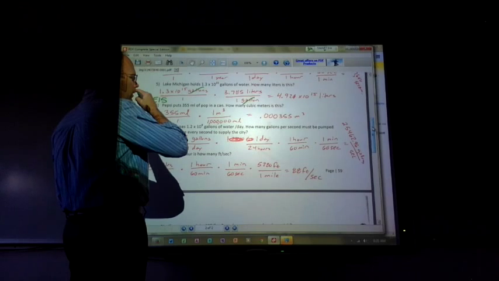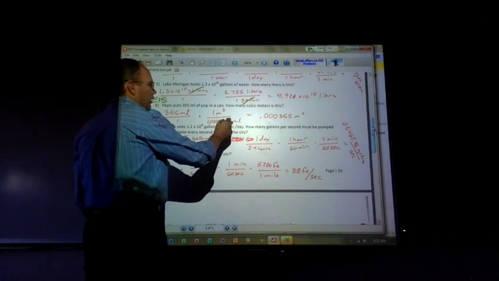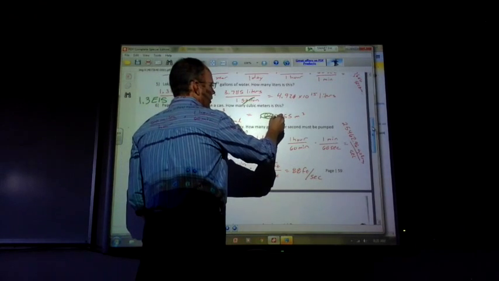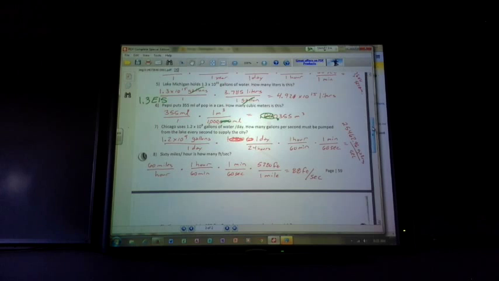Is it 1,000,000? Oh, it should be 1,000 milliliters. So this should move over. It should be 0.355 cubic meters. Sorry about that. I got the answer in scientific notation, so I find 3.55 times 10 to the negative 4, I think.